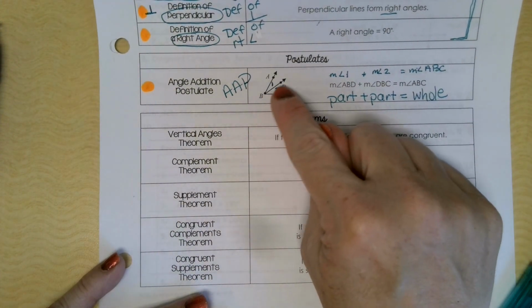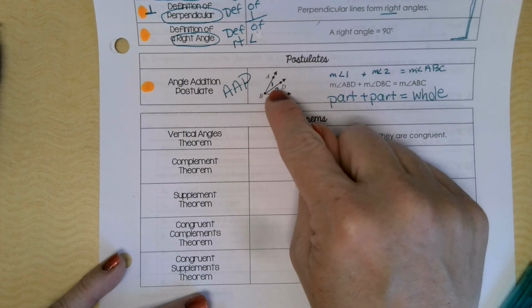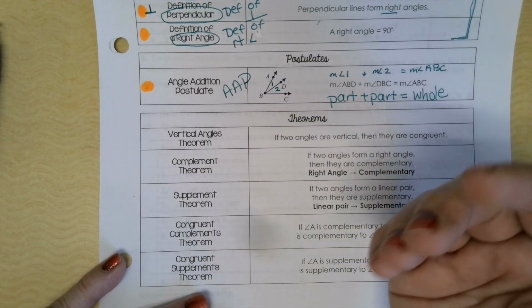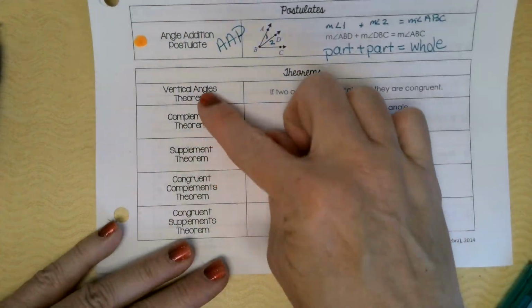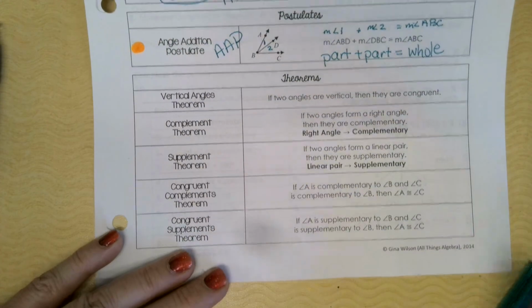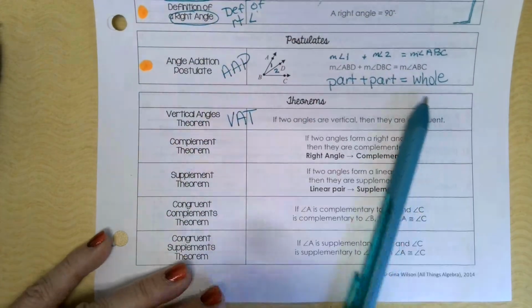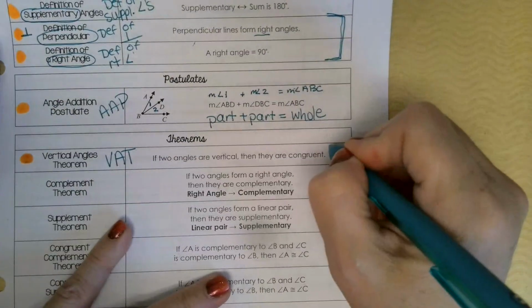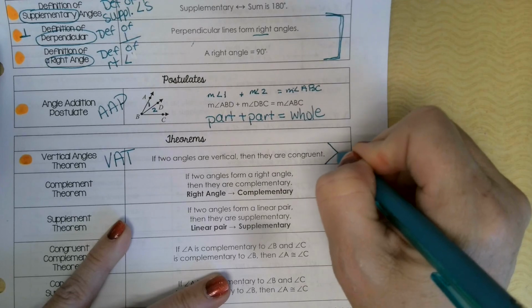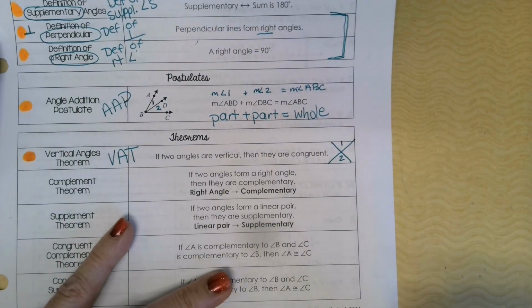If I told you BD was an angle bisector, then angle 1 would equal angle 2 by definition of angle bisector. See, these are not hard. You're going to be able to see the reasons very easily. These get a little confusing down here. Okay, vertical angle theorem, VAT. Vertical angle theorem, you will see something like this, and it'll say angle 1 equals angle 2.